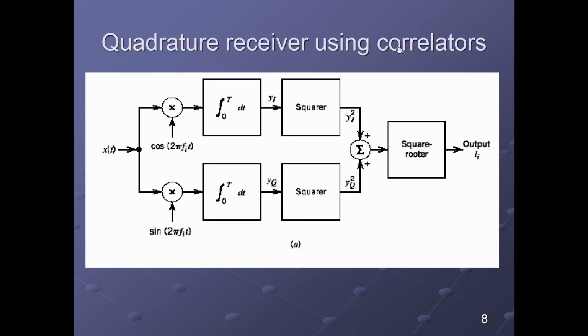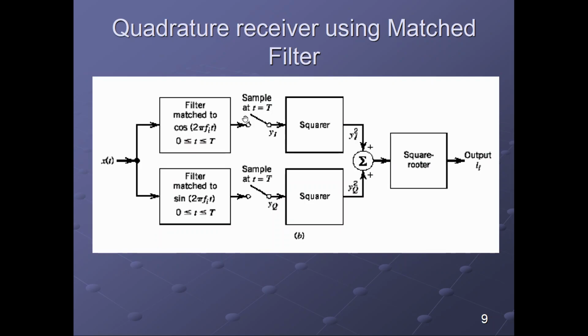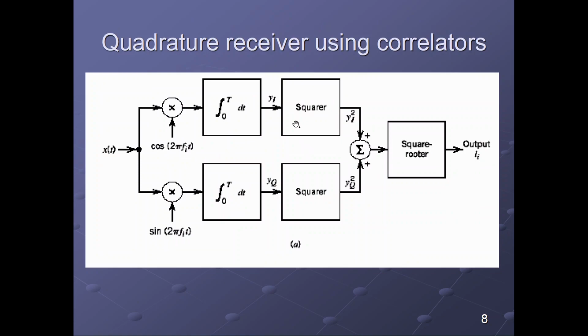Now this is a quadrature receiver with correlator. Where is the correlator? If I tell you, show me the correlator in this block diagram, this is the correlator: the multiplication with the integration is the correlation. Now with matched filter, instead of using correlator, everything here is the same, just instead of these two processes, you use a matched filter.